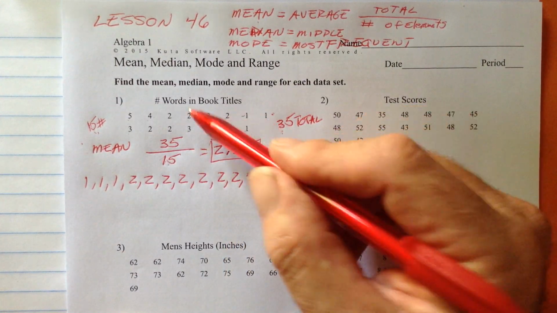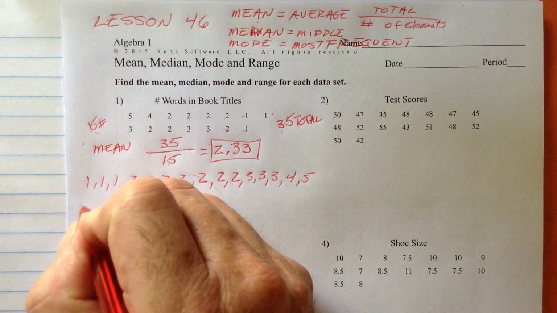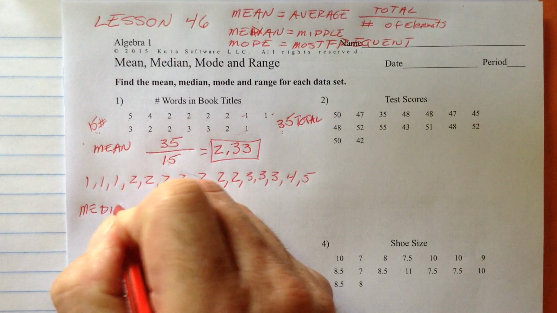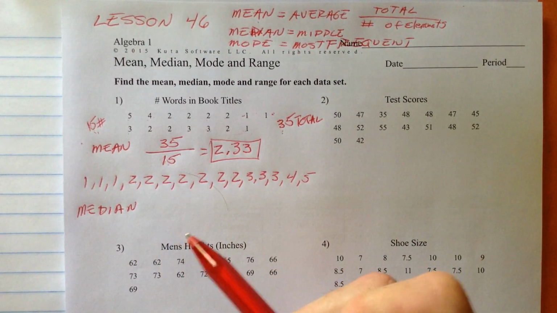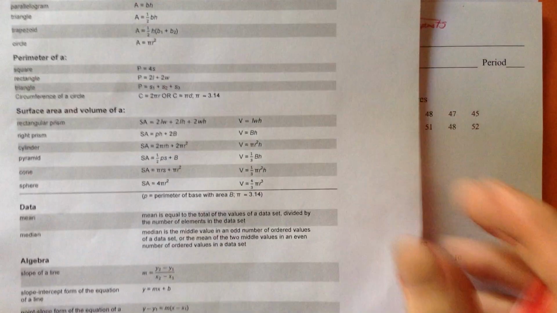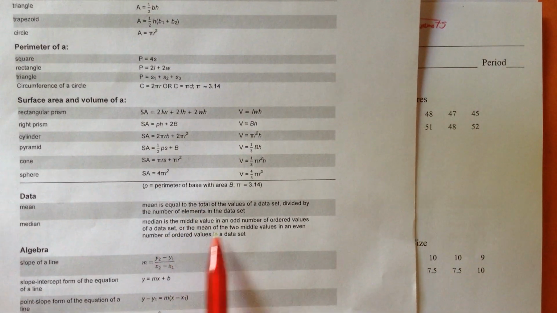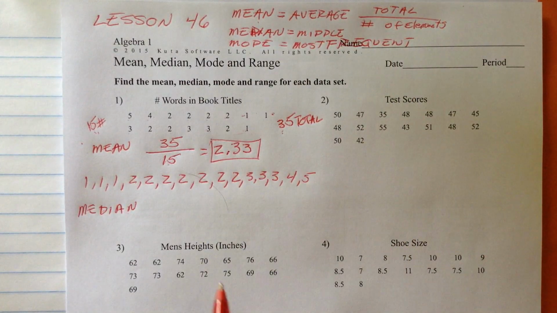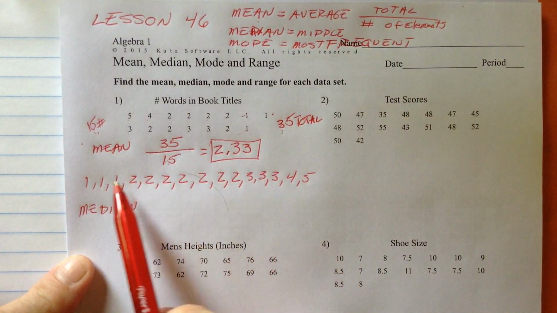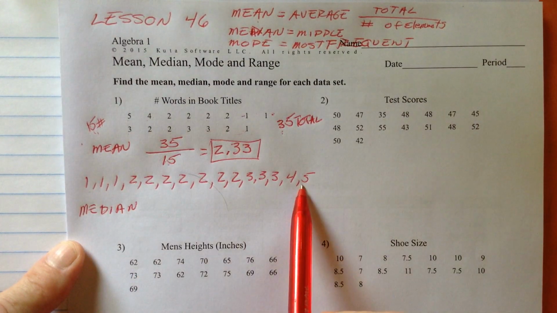Okay? To find the median would be the next one I'm going to do here. Would be the middle number. So like they tell you here, you have to order the values. Okay? You have to put them in order. I always go from the least to the greatest.